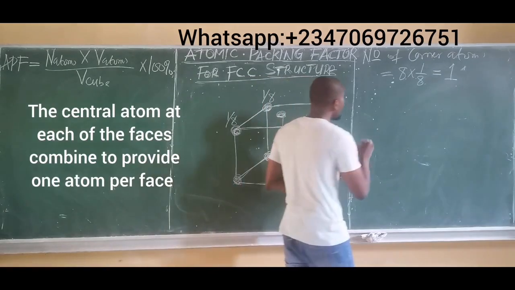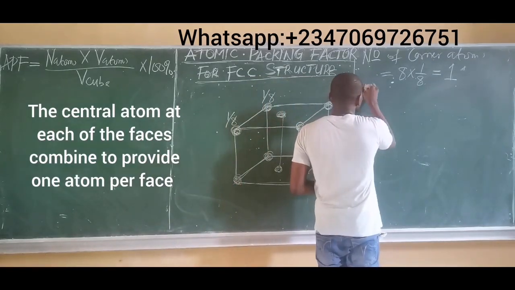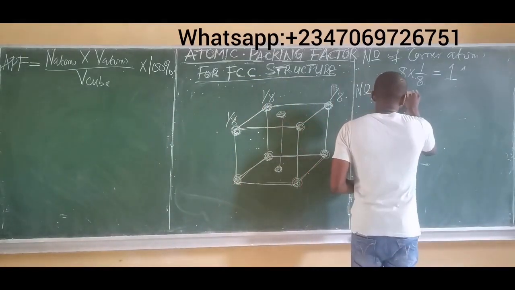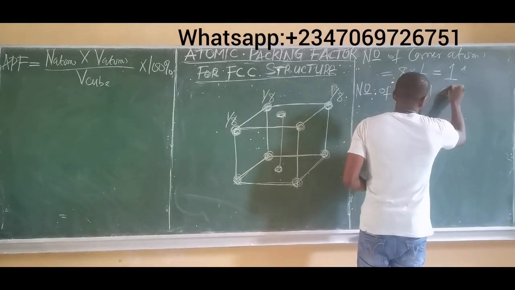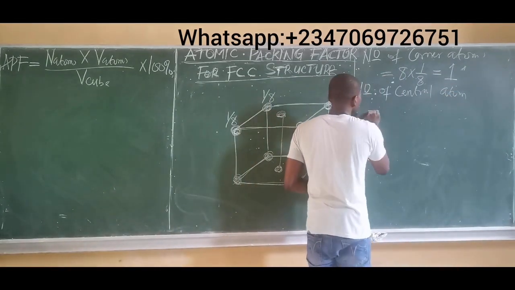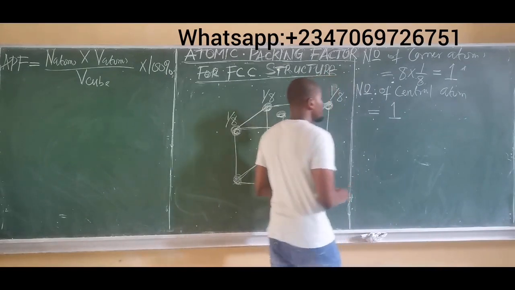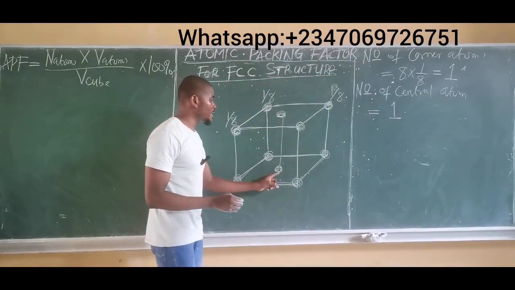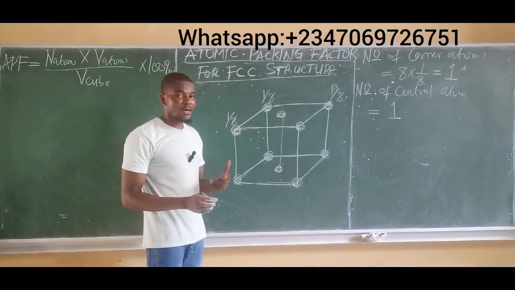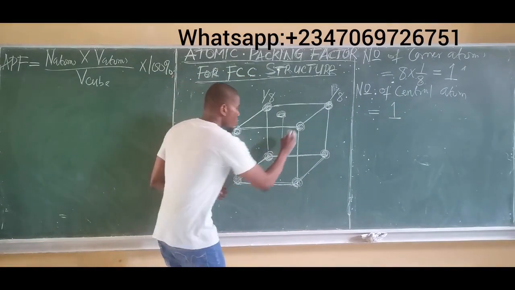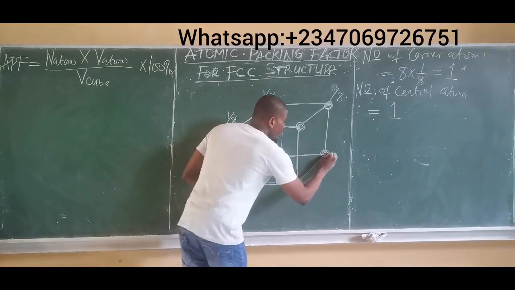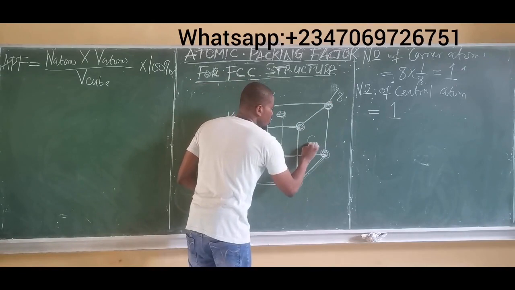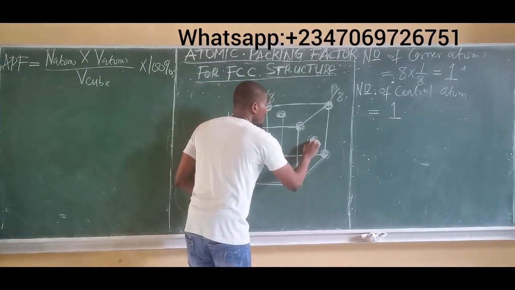So let's find number of central atoms. That is equal to, we've already obtained the first one, which is 1. So this face and this face combine to provide 1 full atom. Okay, now considering this other face, this face also provides 1 atom.